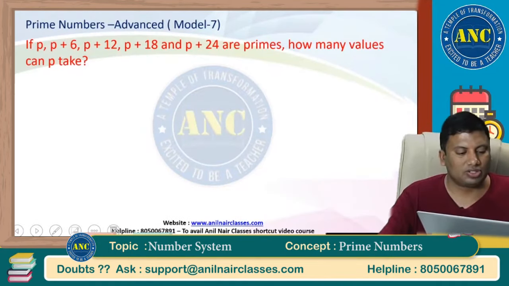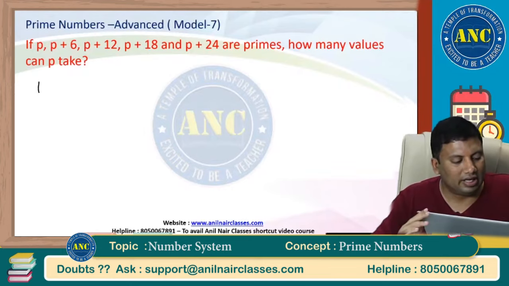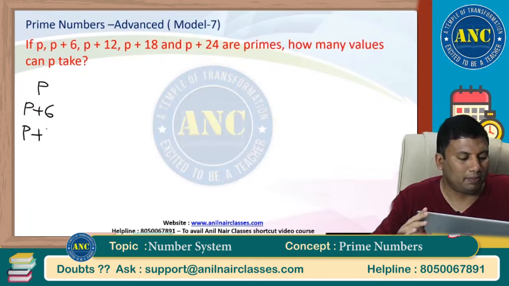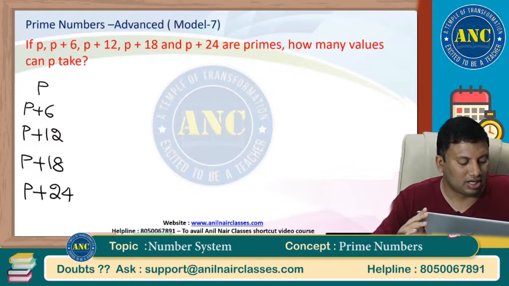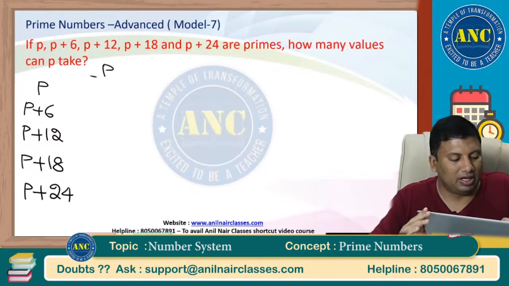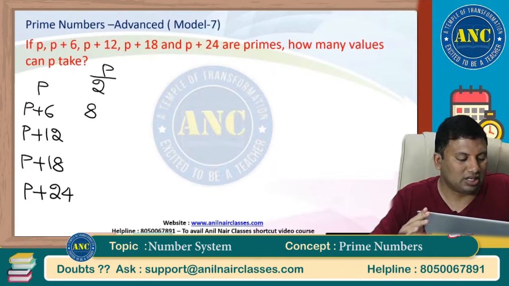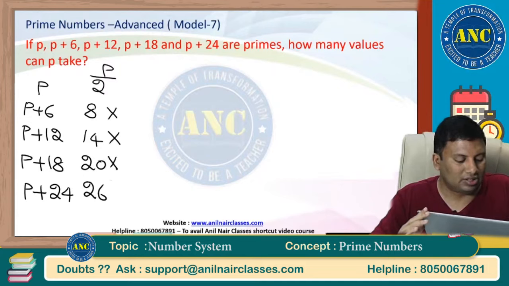Previous year questions are also over. Now it is P plus 6, P plus 12, P plus 18 and P plus 24. All these are prime numbers. If P is 2, then plus 6 is 8, 14, 20 and 26.